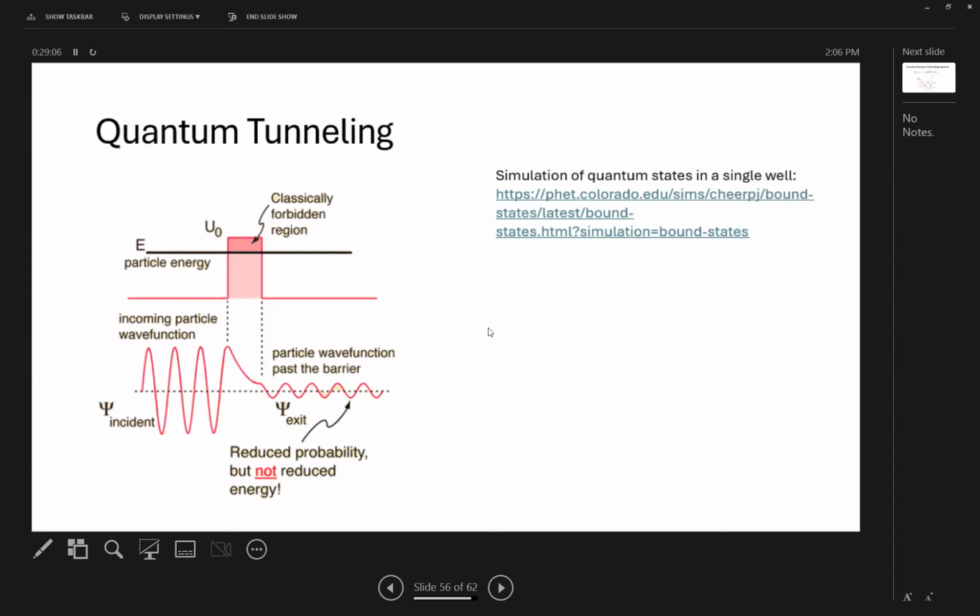So the energy of the electron doesn't change. k doesn't change, but still it can transmit from one edge of the barrier to the other edge. And that's why it is so weird. This is called quantum tunneling. In the case of a wave, it's not a problem because the energy of the wave is not related to its wavelength.